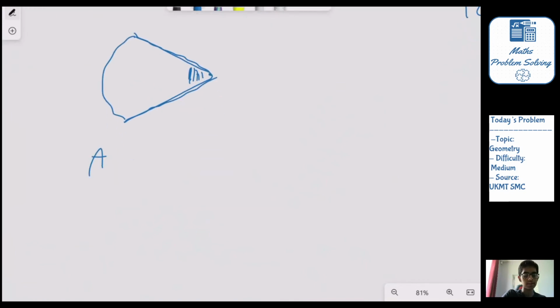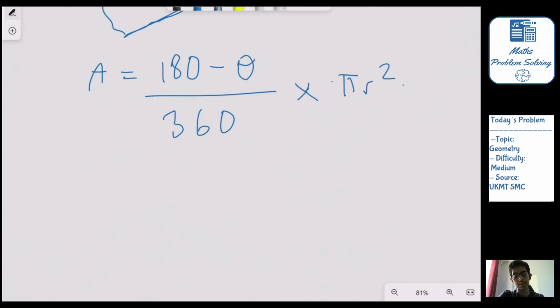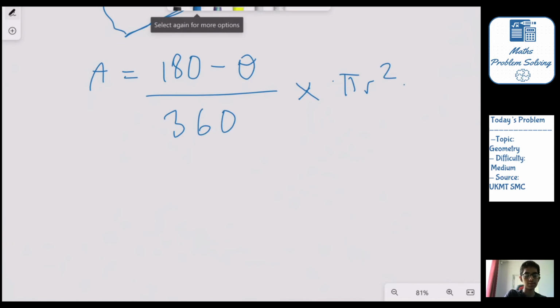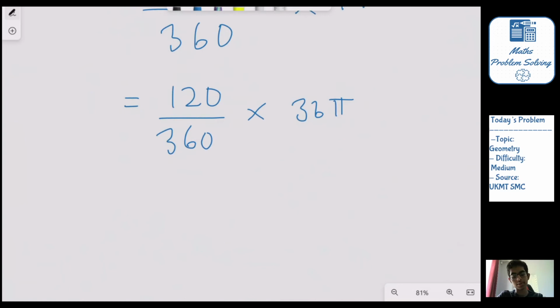So therefore area equals 180 degrees minus theta, which is that angle, divided by 360 times pi r squared. Okay, 180 degrees minus theta, that's 60. So this just equals 60 divided by 360 times 36 pi, because r squared is 36.